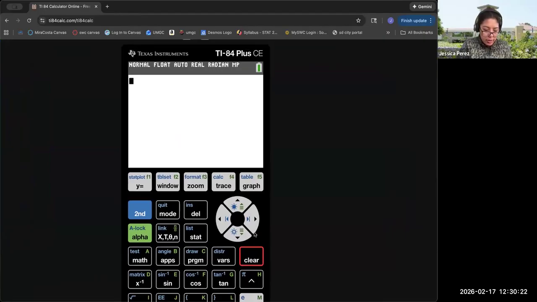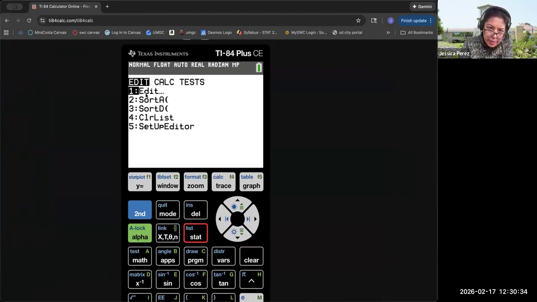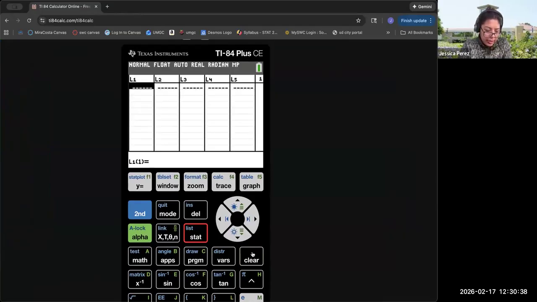So the first thing you want to do is go to your stat button right here, and then go to edit, and you're going to be placing your x values in L1. So enter. L1 will be your x's.